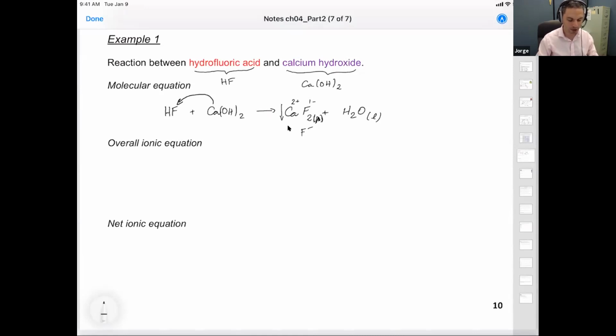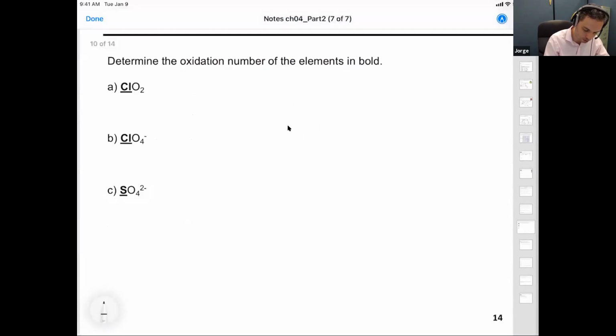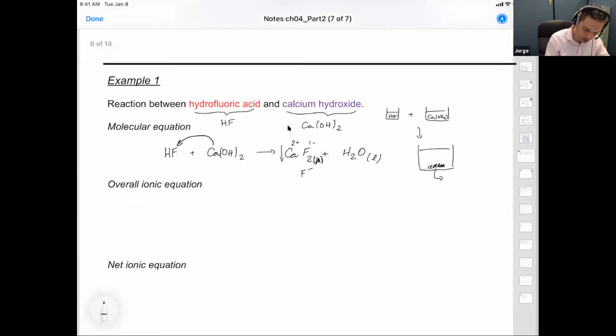Okay, so visually it means when we have HF and we mix it with calcium hydroxide, the result will be the formation of a solid, which we know is calcium fluoride, and you will have water.